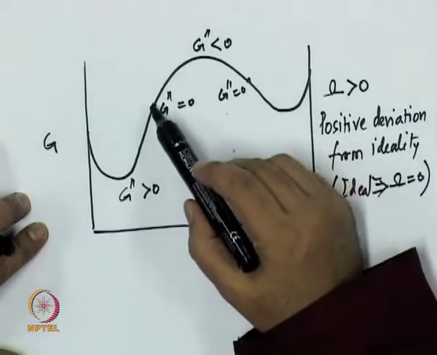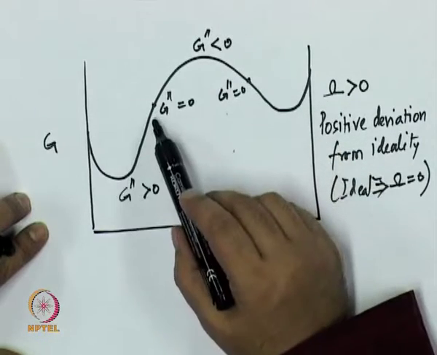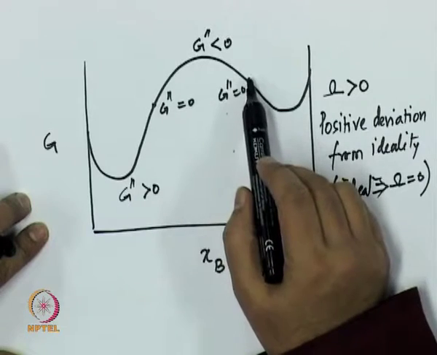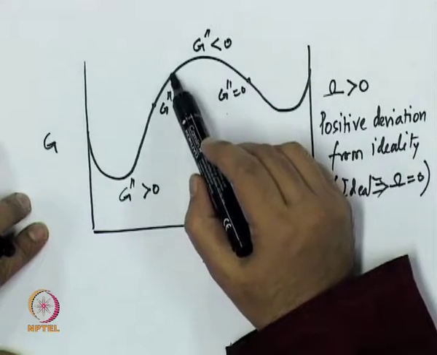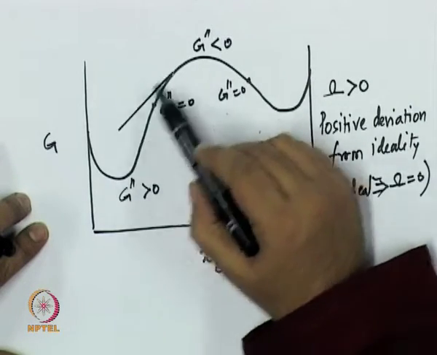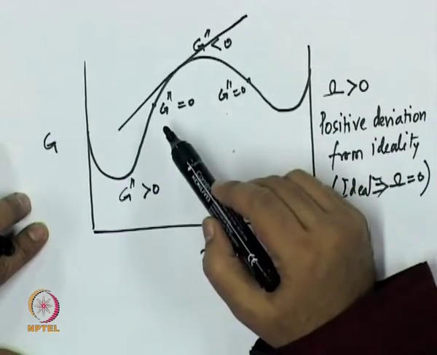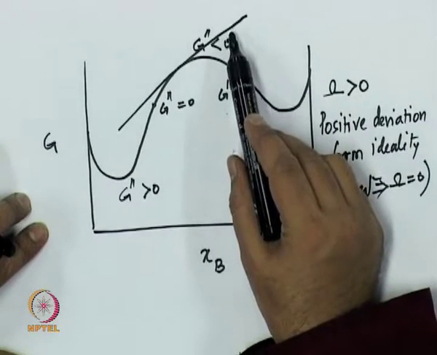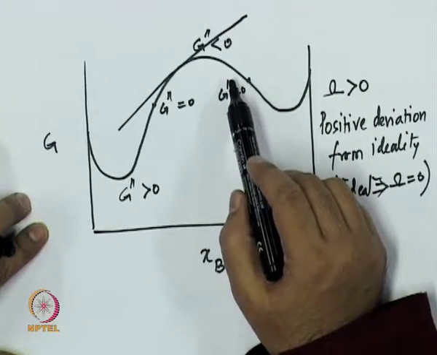Okay. Now, when the curve is like this, between this G double prime equal to 0 and this G double prime equal to 0, G double prime is less than 0. So, any tangent that you draw to the curve, you can see that all the points of the free energy basically lie below this line.